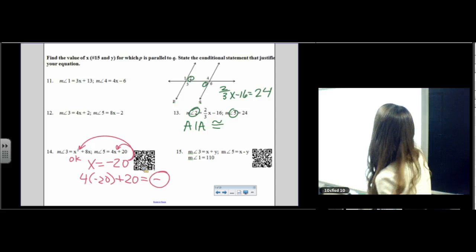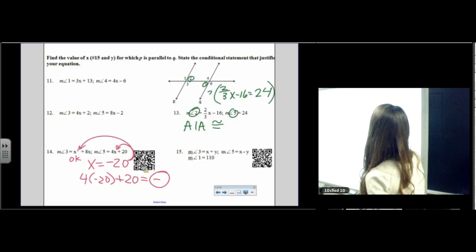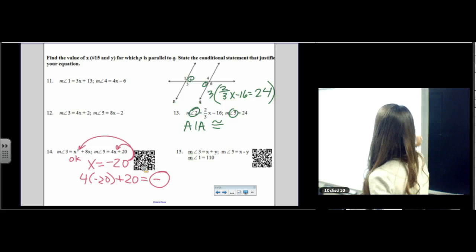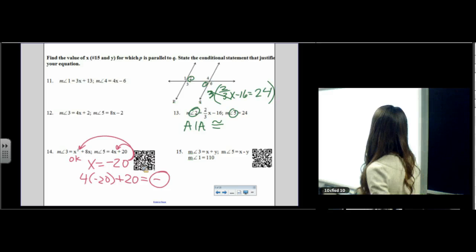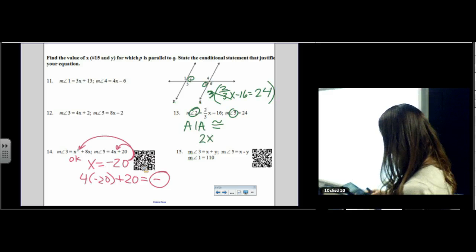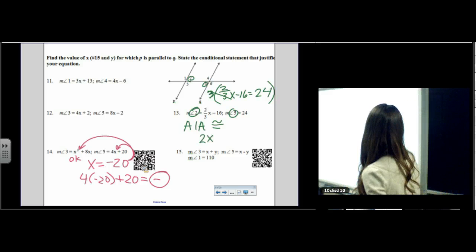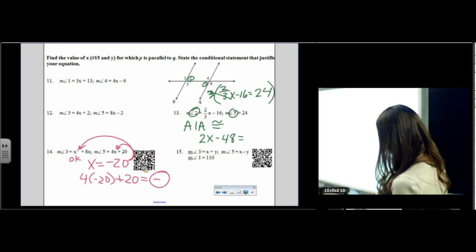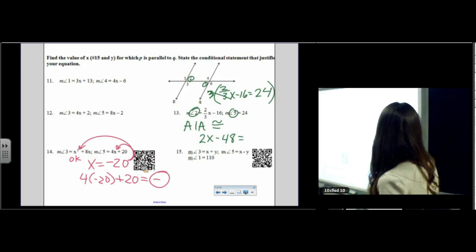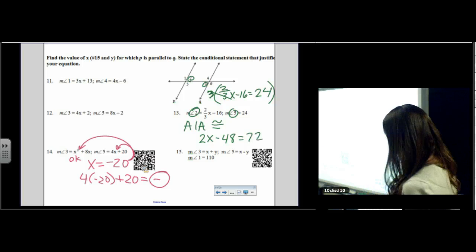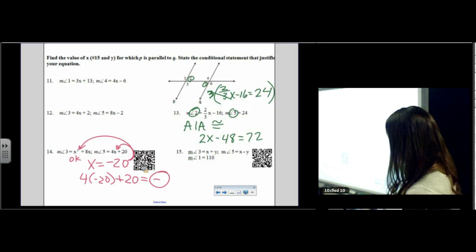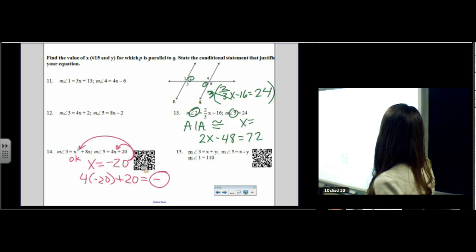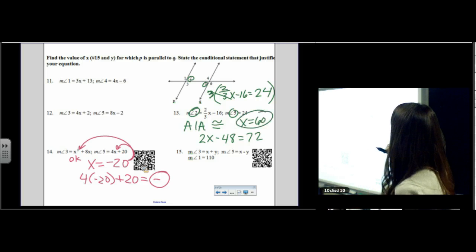Multiply the whole equation by 3. The 3's are going to cancel right there. The 3 will still be there, but it's going to cancel out that bottom 3. So it's going to be 2x minus 48 equals 72. So then you just do 72 plus 48 divided by 2, and that's how you get x is 60. Okay?